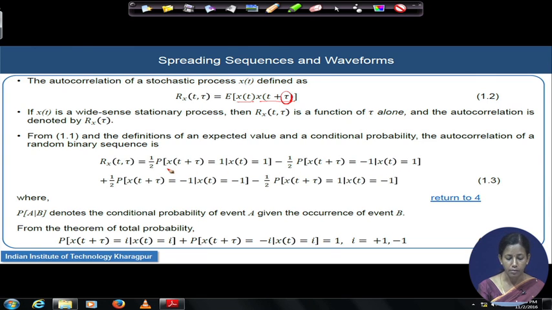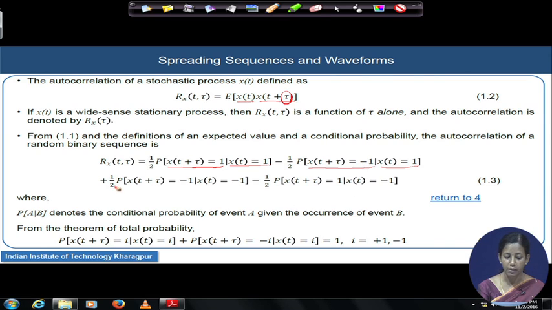It will be the combination of half of the probability that x(t) transmitted was 1 and we receive the delayed version equal to 1. From there we have to subtract half of the times the probability that I transmitted x(t) equal to 1, but I received the delayed replica to be -1.